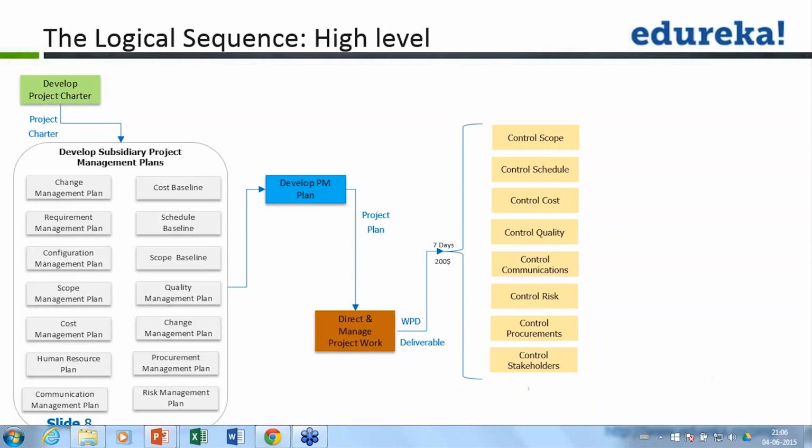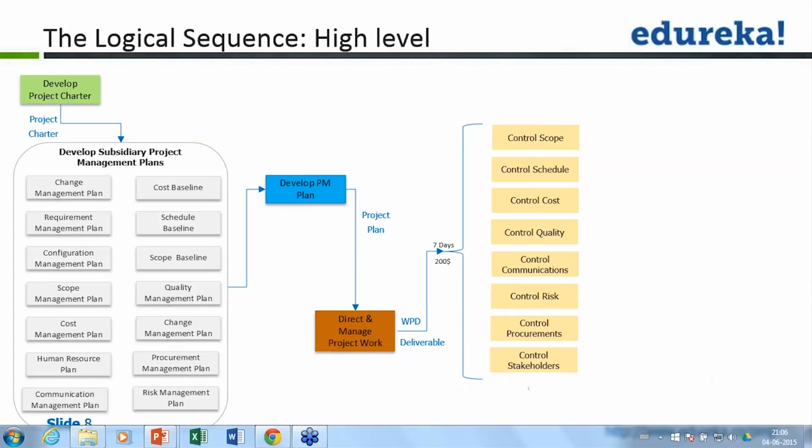They will compare these actuals with what was planned for that specific element. So let's say this work performance data of 7 days is raw data. It will be taken to the control schedule process, where we will compare it with the duration planned for this deliverable, and you realize that it was 5 days.